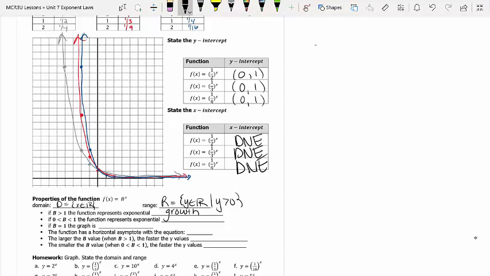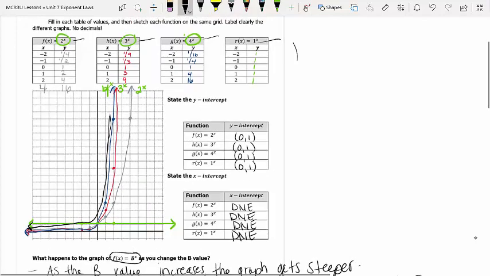Okay, these guys here represent exponential decay, because as you read the graph from left to right, the y values decrease. And then obviously, f of x is equal to 1 to the power of x is a linear or horizontal line, right? Because 1 to the power of anything is just 1.